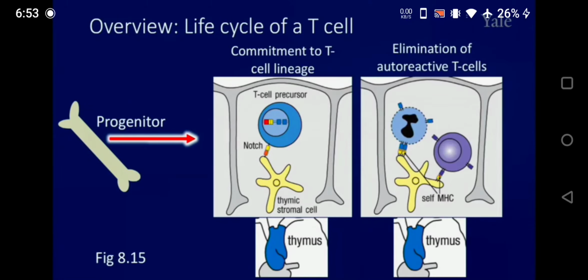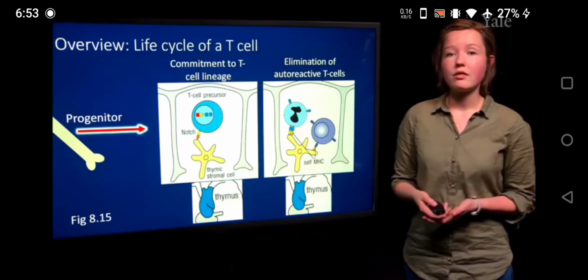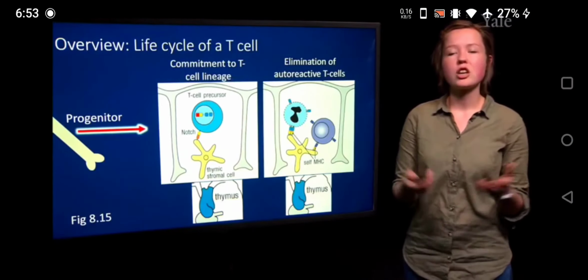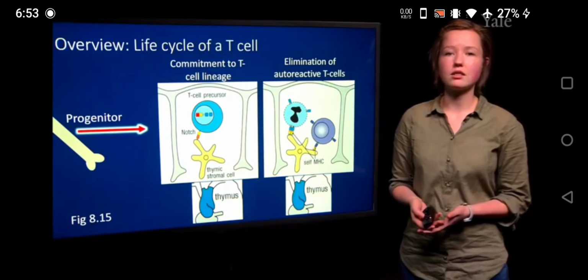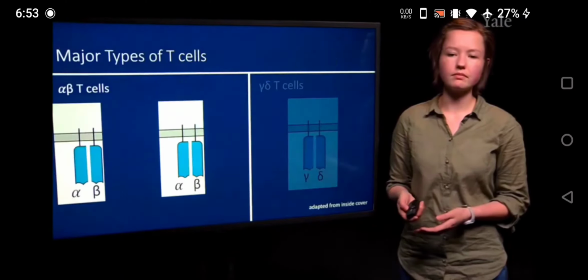There are also other important stages within the thymus, such as negative selection, which will eliminate autoreactive T cells. This process occurs a little differently than what we have learned about during B cell development. However, it is a similar general concept that we are trying to eliminate our autoreactive T cells.